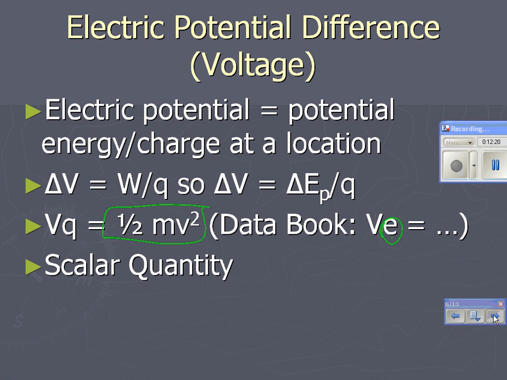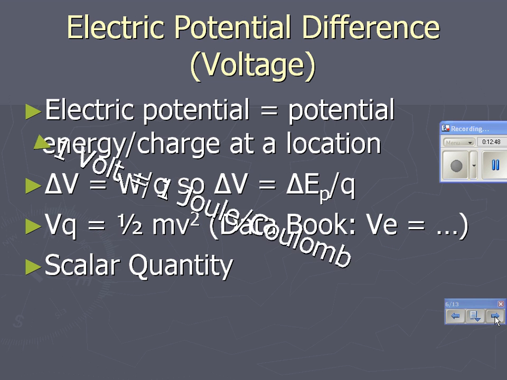Something to remember is that potential is a scalar quantity. It does not have direction. It just tells you something about how much energy is stored in the field at that location. And what do you think we use for the units for electric potential? We've already said the word quite a bit.